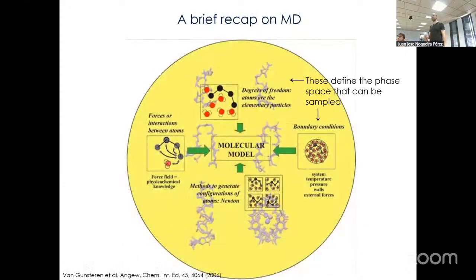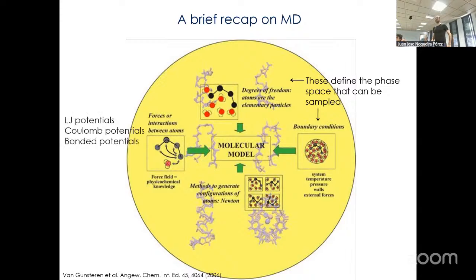This is just a recap on MD and what you need to have MD. So you need a set of degrees of freedom. This is typically defined by the number of particles that you have that are going to be able to move in space. Then you have a set of boundary conditions, right? The size of the box, and then pressure and such stuff.